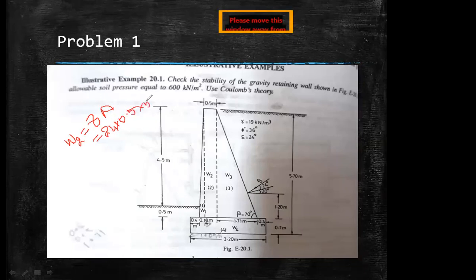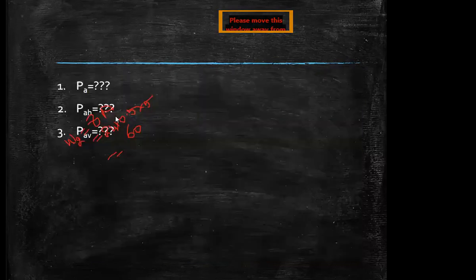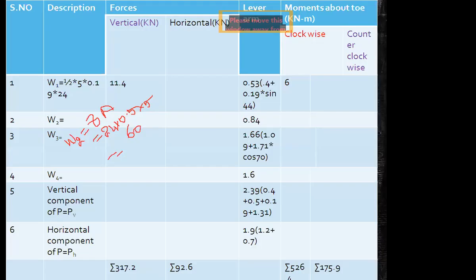So how much will you get for W2? 60 kilonewtons. So where do you mention this in the table? Here you need to mention 60.